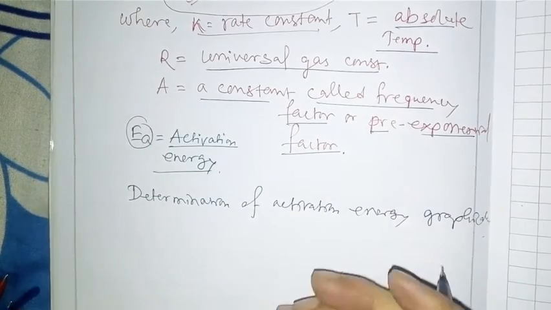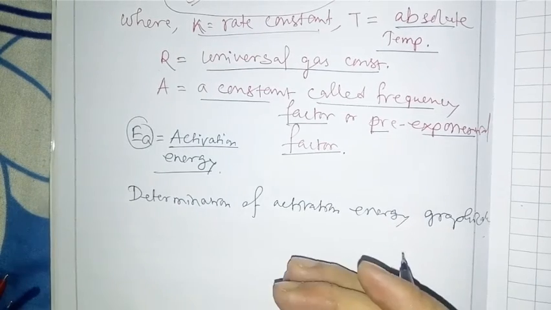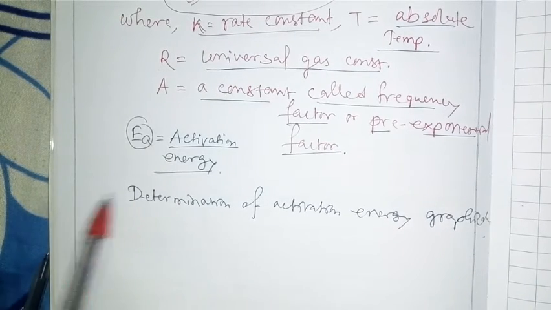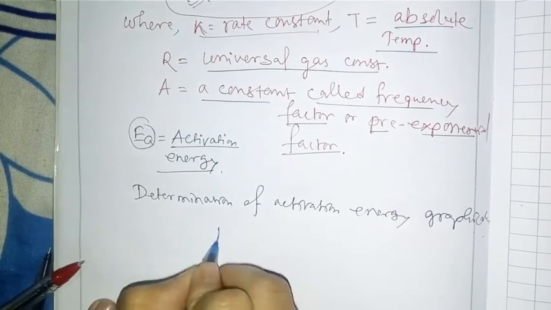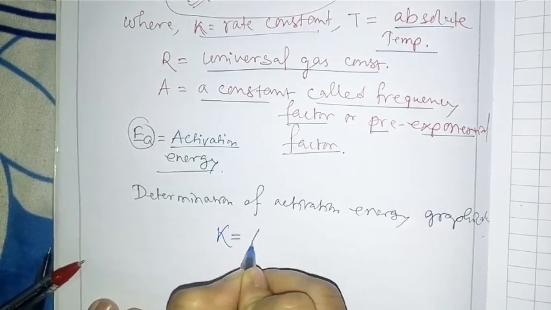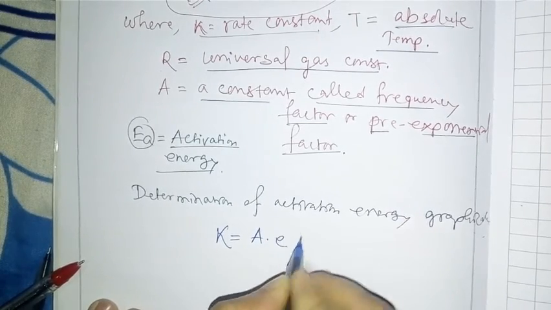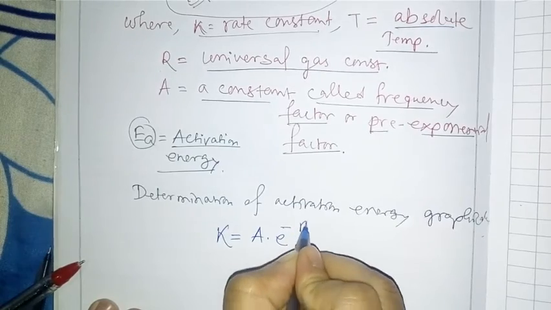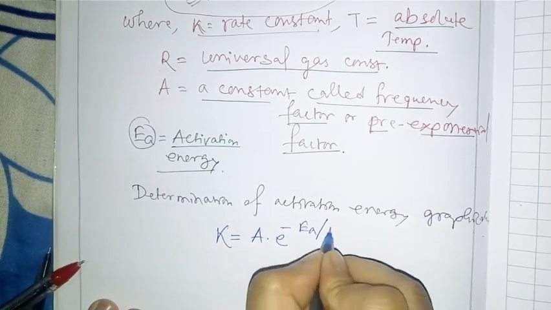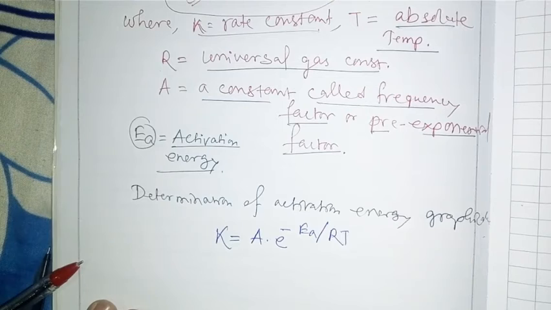According to the Arrhenius equation, k equal to A e to the power minus Ea divided by RT.